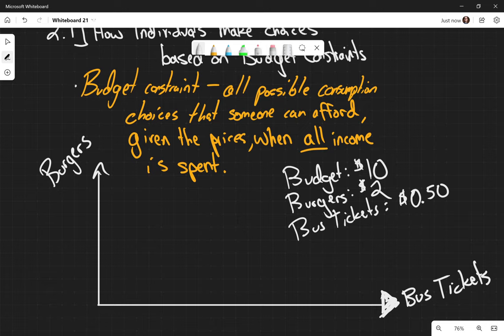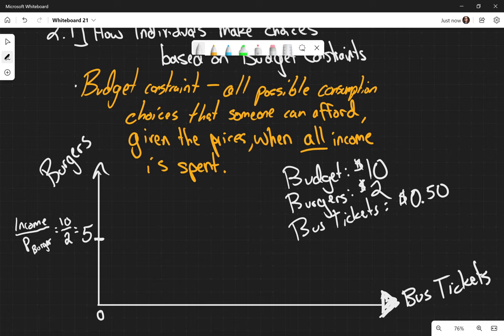If Alfonso bought 0 bus tickets and spent all of his income, how many burgers would he be able to buy? He would be able to buy 5, right? Because the income divided by the price of whatever's on that axis, the price of the burger. So the income is 10 divided by the price of the burger, which is 2, which means this is going to be 5. That's my maximum.